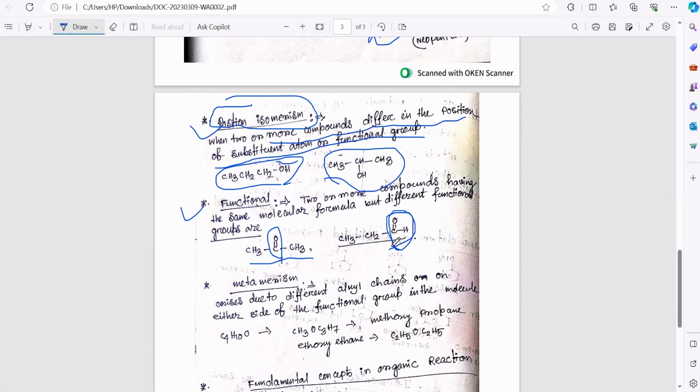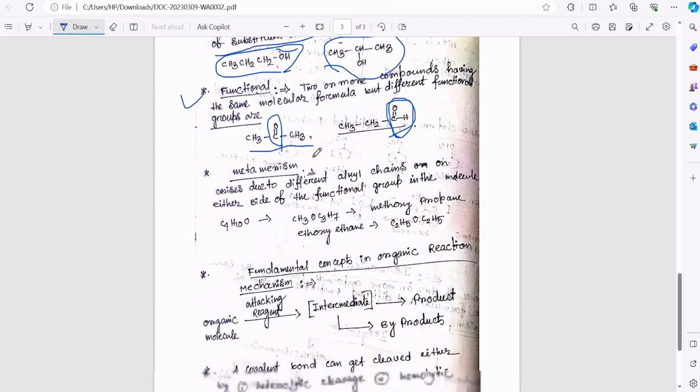Now I'll come to the last one, metamerism. What is metamerism? Two or more compounds have the same molecular formula, and metamerism arises due to different alkyl chains on either side of the functional group in the molecule.